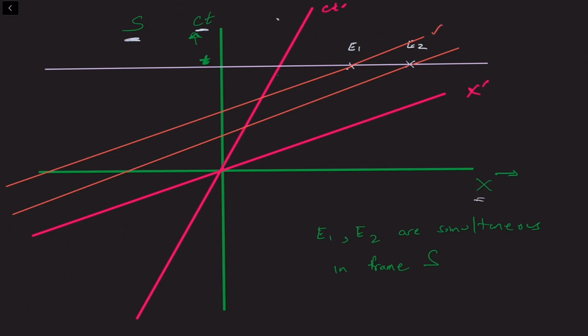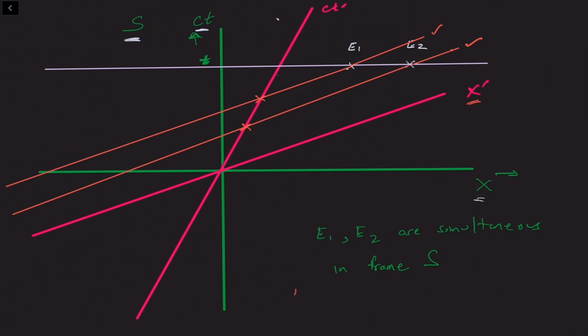I've drawn the lines over here. This line is parallel to the x prime axis and it passes through the point E1. This line is parallel to the x prime axis and it passes through the point E2. And now you see that these lines intersect the t prime axis at different points, which means the t prime coordinates of events E1 and E2 are not the same.